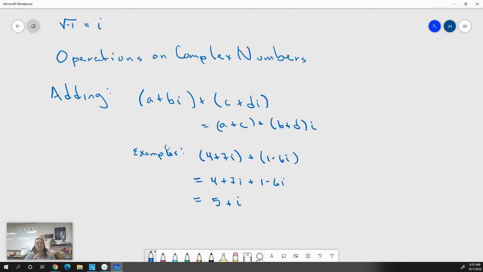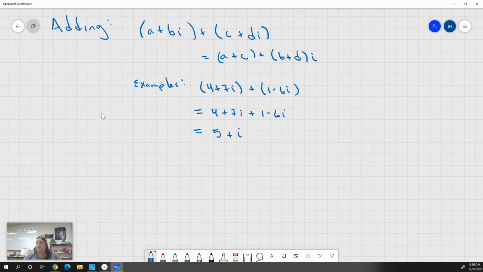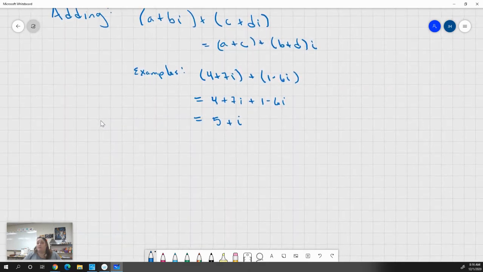Keep in mind that this is the order that we write our complex number. We always have our real component first, then plus or minus our imaginary component, right? That's it. And if you enter that differently, whether it be in WebAssign or in Delta Math, if you write i plus 5, you will probably get it wrong. And then you'll have to go and look and go, well, what happened? It's usually just you put it in the wrong order and they're not going to recognize it in that order.